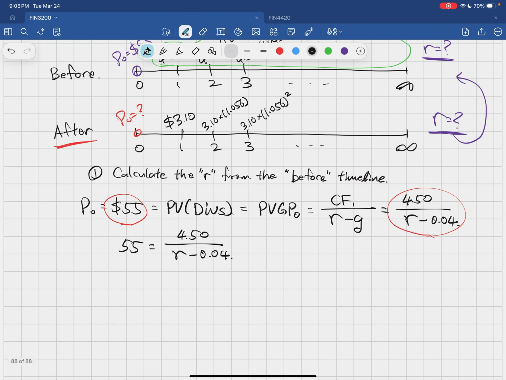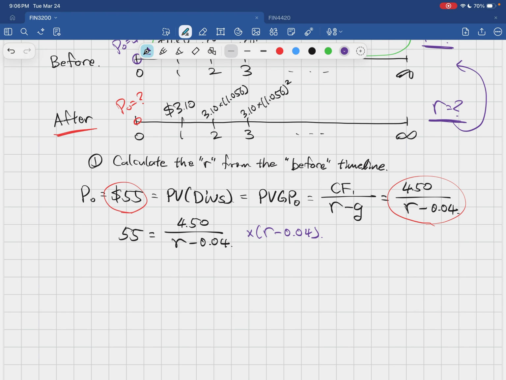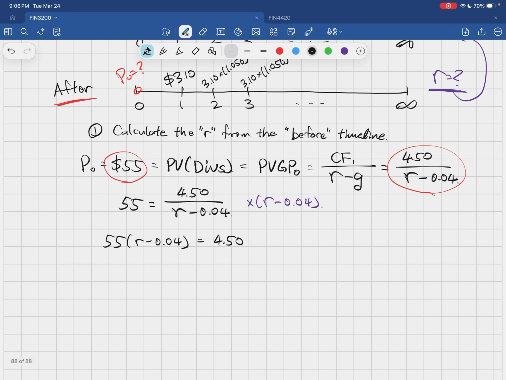So we're trying to solve for R. We'll go step by step. We can multiply both sides by R minus 0.04. This is to get the R, the thing that we're trying to solve for, out of the denominator. So on the left, we have 55 times R minus 0.04. On the right, we have 4.5. And then we're going to divide both sides by 55.